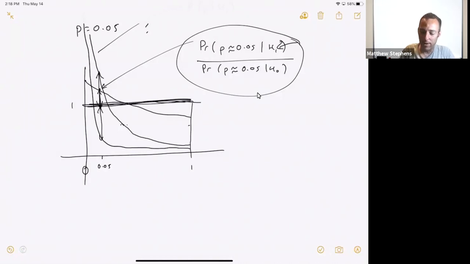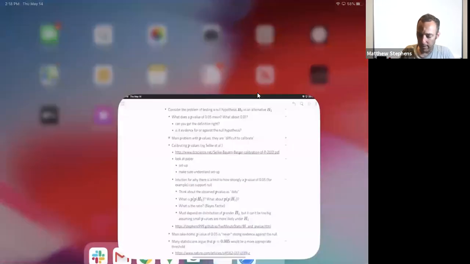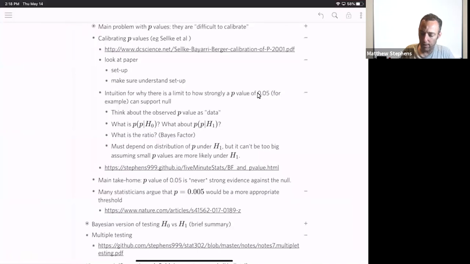If you assume they're a bit bigger, you start to get Bayes factors bigger than 1. But if you assume the effect sizes are really big, then 0.05 starts to become a Bayes factor against the null again.